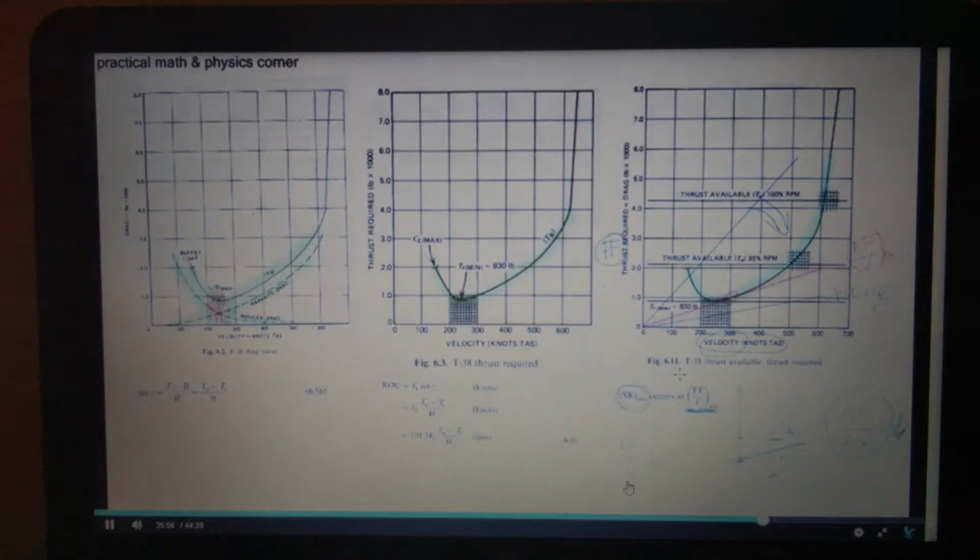You can do it more precisely than I can do it here, but from that intercept point you can read an associated speed, and then obviously also an associated thrust required for that thing. But that speed will be your max range airspeed for that aircraft based on your thrust required curve. Again, it's a graphical solution.